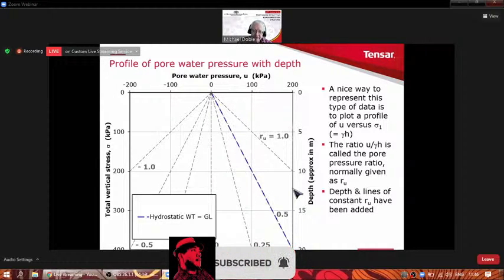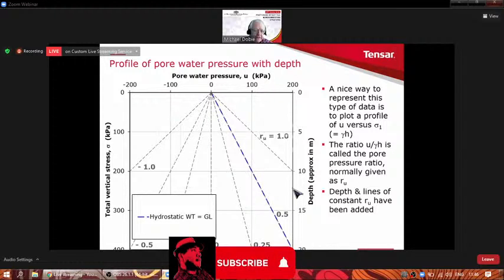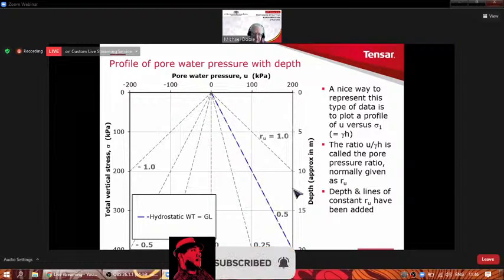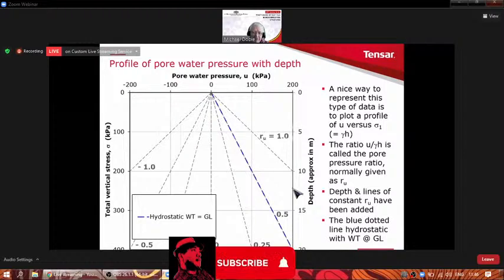And the thick blue dotted line would be a typical value of RU when we have a hydrostatic water table condition. In other words, water table at ground level, which we assumed, if you remember, at the beginning of our exercise just now. So that's the blue dotted line.